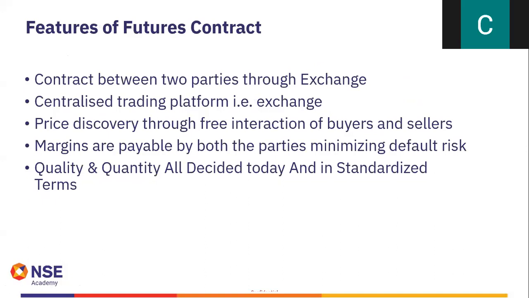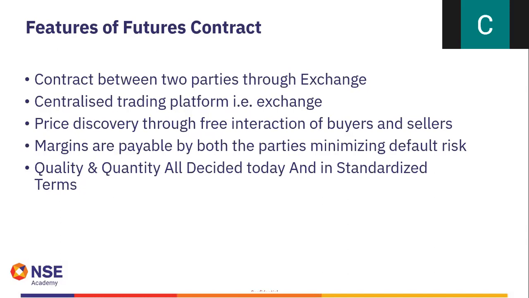Features of a futures contract: a contract between two parties executed through the exchange, a centralized trading platform, that is the contract will be traded only on the exchange platform but not on any other platform. Price discovery will happen because it's a free market. You have huge liquidity. Many buyers and sellers are readily available on the market at any given point of time, so demand and supply factors will play in.